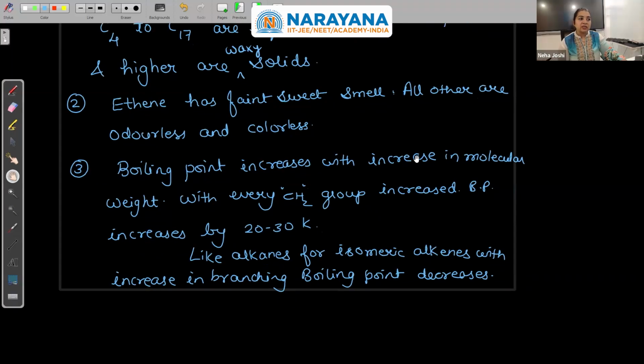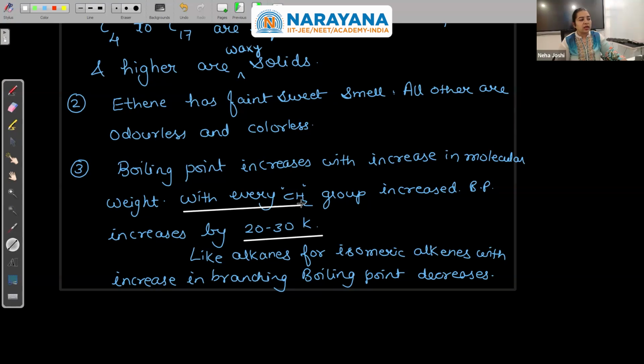Boiling point increases with increase in molecular weight. Roughly, I can say, with every CH2 group added, boiling point increases by 20 to 30 Kelvin. This is a rough estimate, need not be exact.